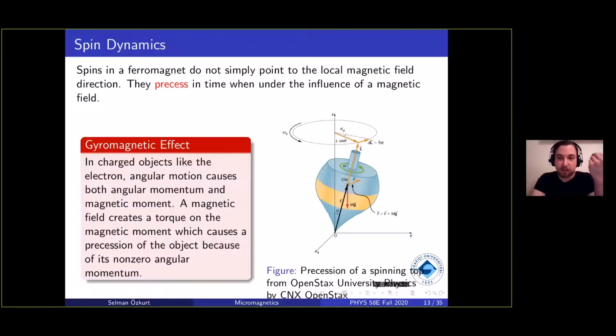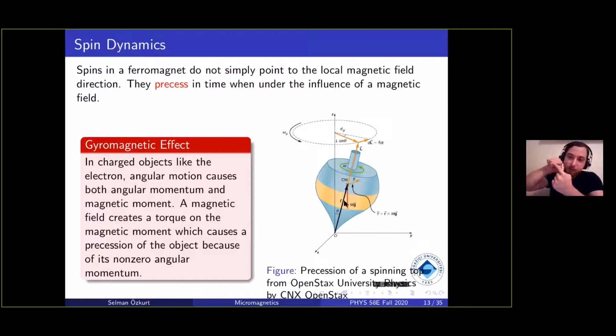actually a precession, which is quite similar to a simple spinning top. Because in a spinning top, there's an angular momentum pointing this way, I guess, if the camera doesn't mirror me, and there's a torque which is perpendicular to both the vertical axis and the angular momentum itself.